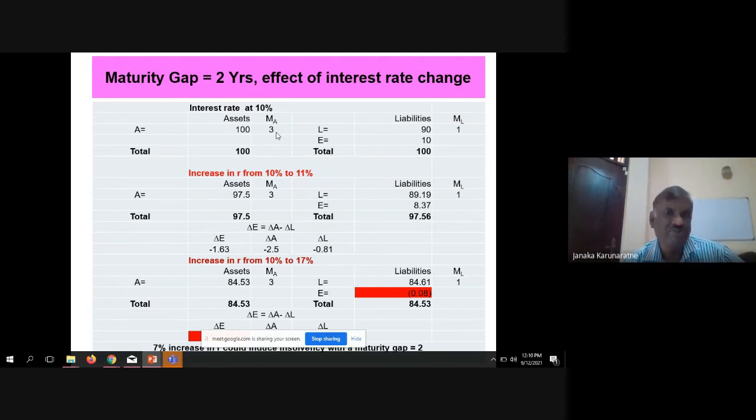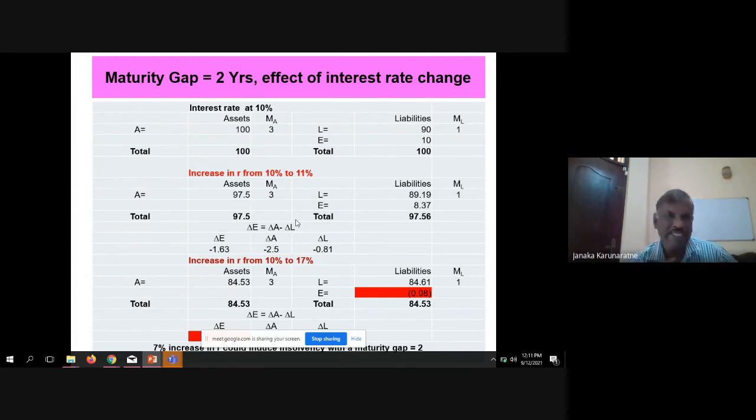But now the interest rate has increased to 11%, so you have to discount at 11%, right? So 10 in the first year discounted by 1.11, then 10 in the second year discounted by 1.11 squared, and in the final year 10 plus 100 discounted by 1.11 cubed. So your value is 97.5.